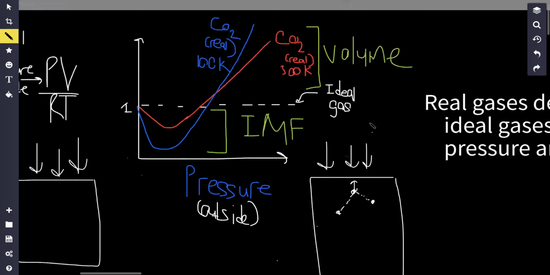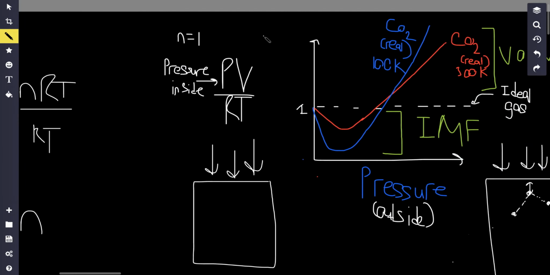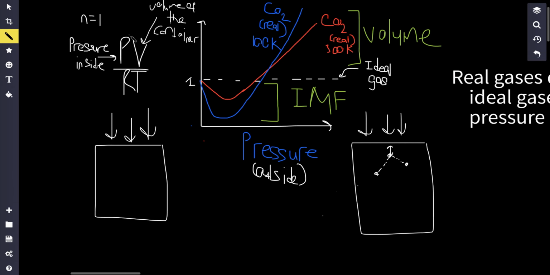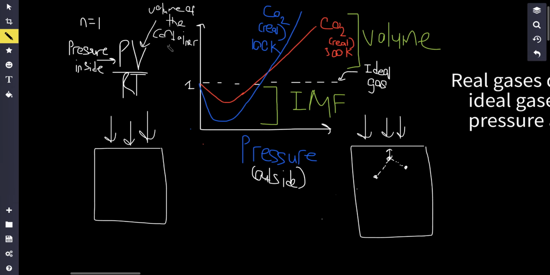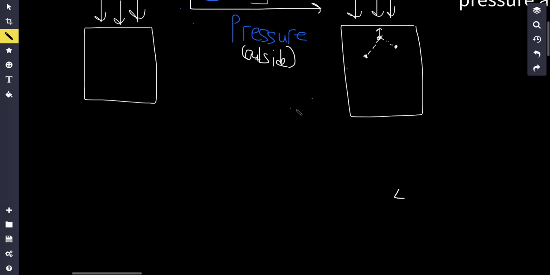So remember back from the ideal gas law that when you're doing PV equals nRT, this volume right over here represents the volume of the container. However, the problem with using the volume of the container as your V value is that gas particles do take up a volume in the container, right?